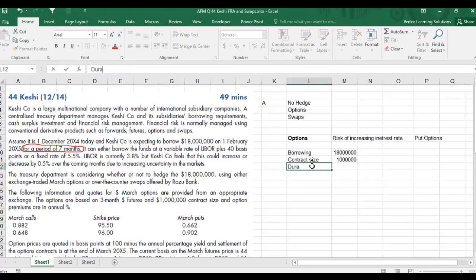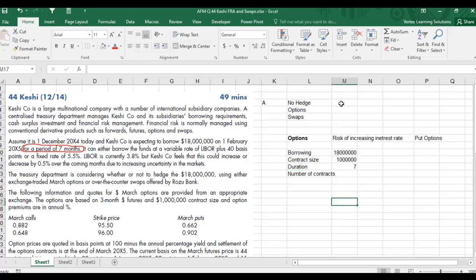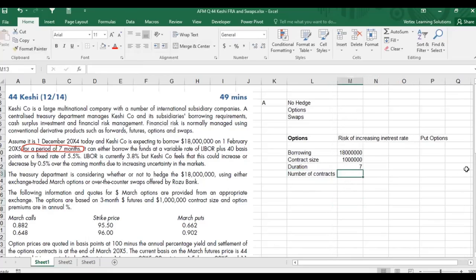And the duration is 7 months. So we can say the number of contracts. You see, the red line comes here. This is what I made before. Okay, I'll just use the format painter from here. Number of contracts, how many do we need?